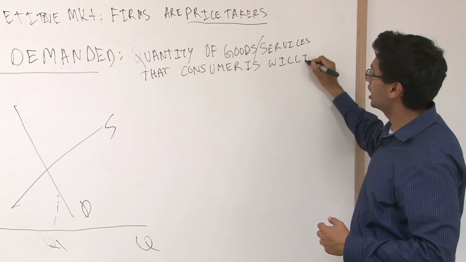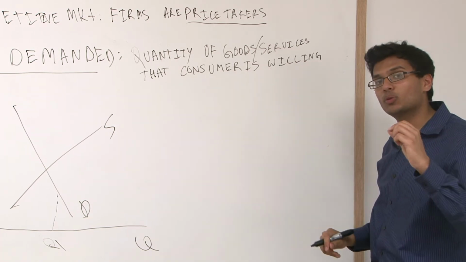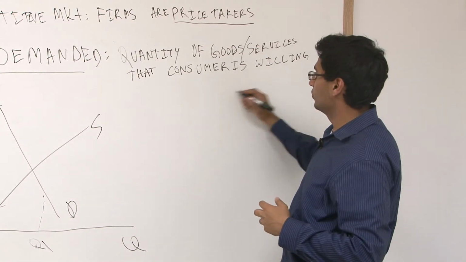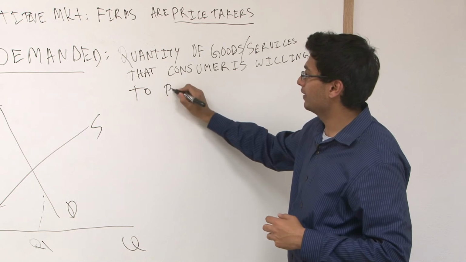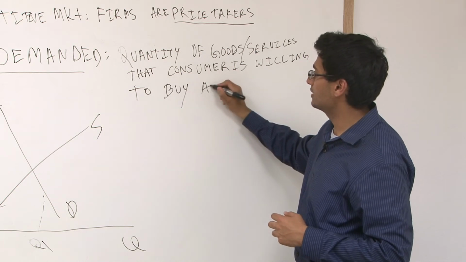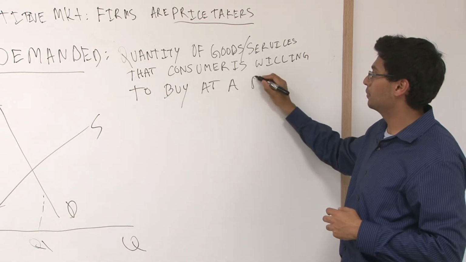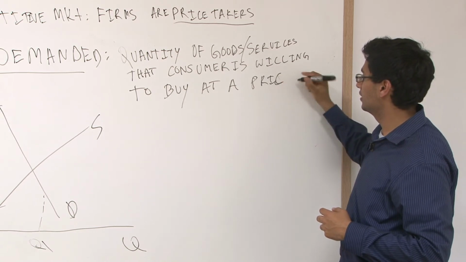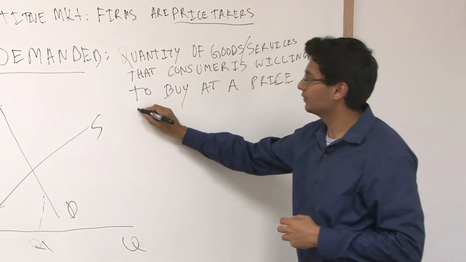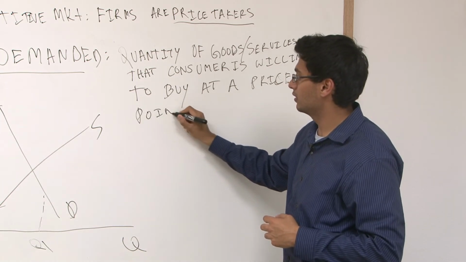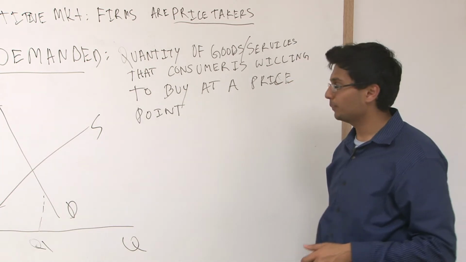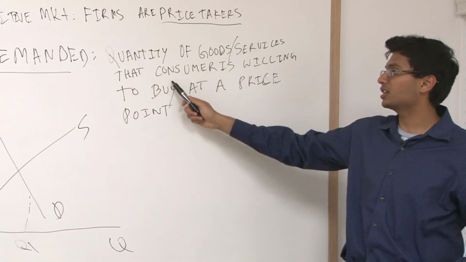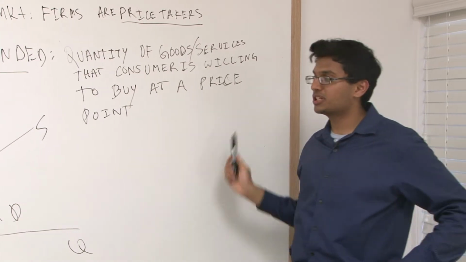And the key here is to know that it's at that particular price point. What do I mean by this? I'll explain using the graph. Willing to buy at a price point. So amount demanded is a quantity of goods and services that a consumer is willing to buy at a particular price point.